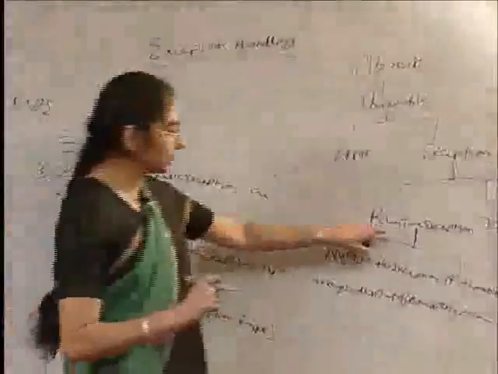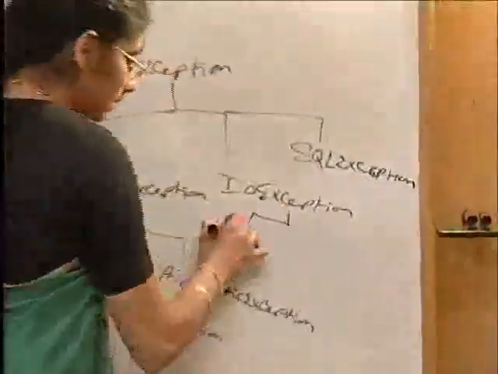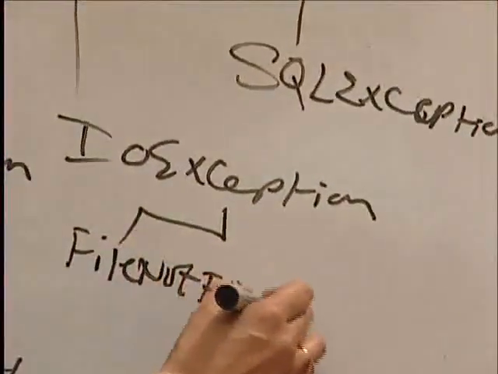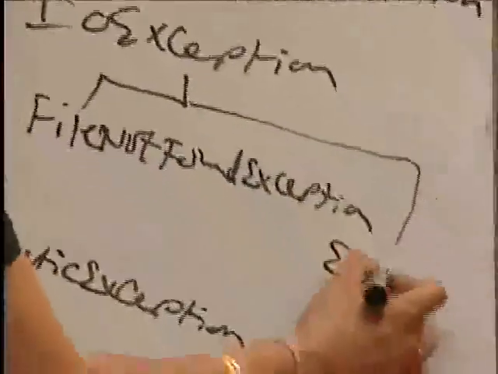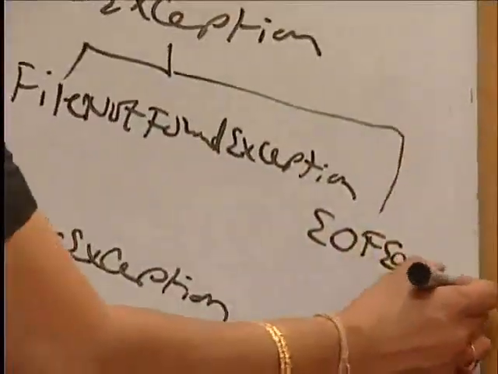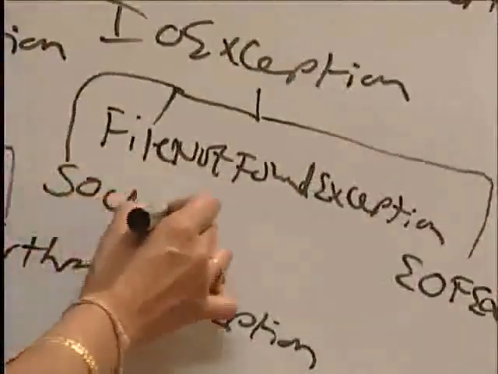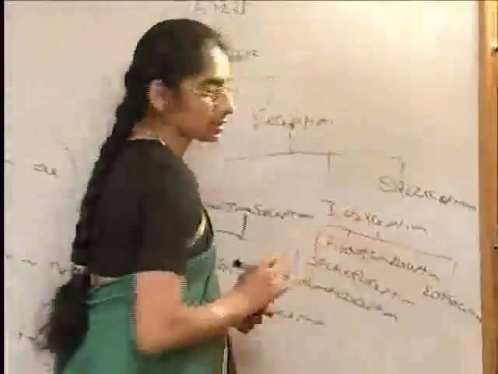They all come under a runtime exception. Examples of IO exception, you have file not found exception, end of file exception, socket exception, etc.